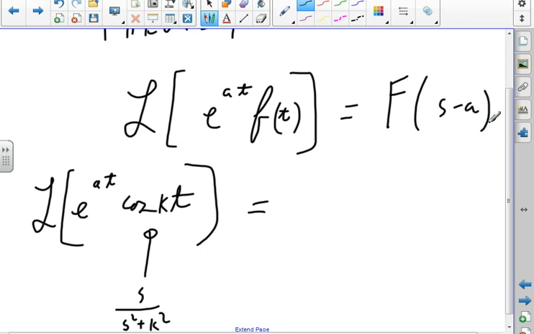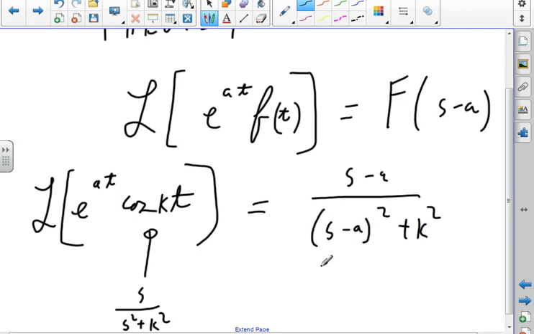So now what would happen is that I'd put s minus a in those positions and call this s minus a over s minus a squared plus k squared. So that's how I would interpret that particular theorem.